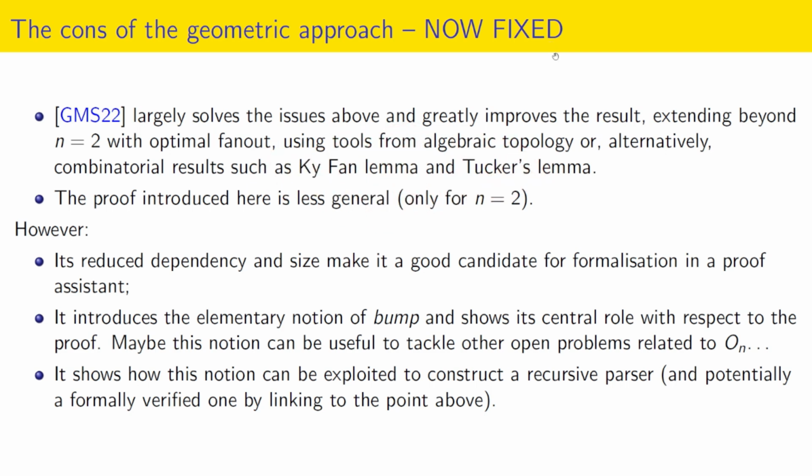So, nevertheless, I thought that my proof could be interesting because, although it's less general than the final one, it's arguably quite smaller, and it requires only elementary notions. No Ivan lemma or Tucker's lemma. It's really just about counting stuff and taking some cases, not too many cases. We will see.